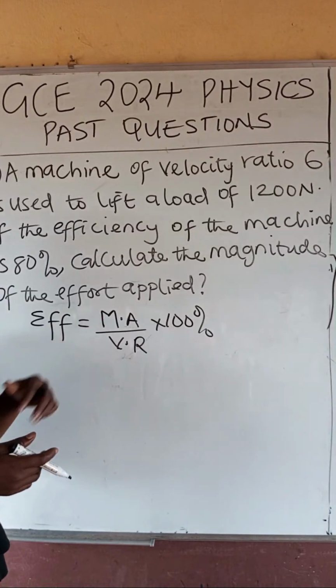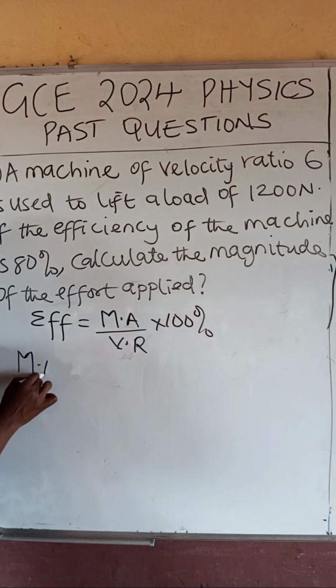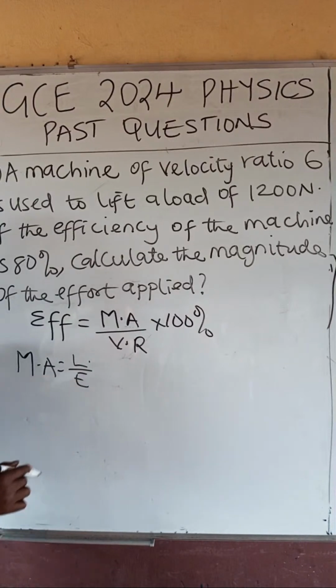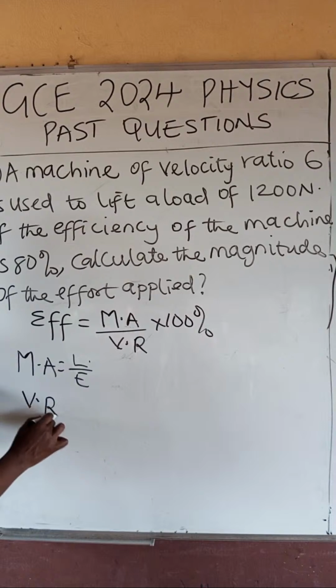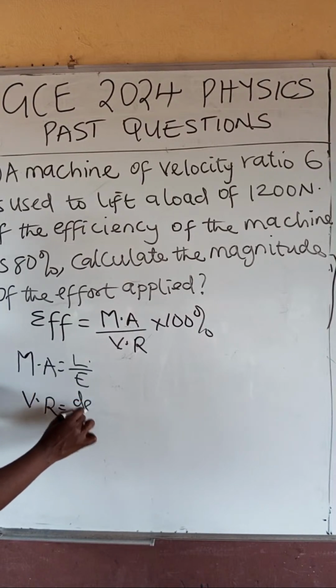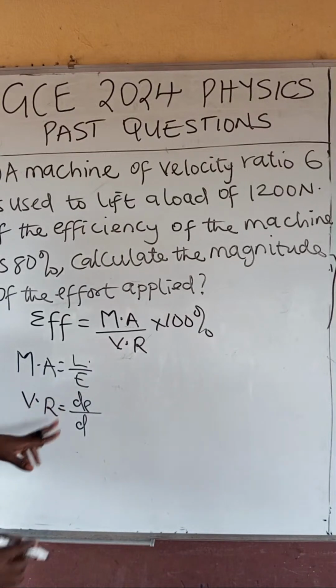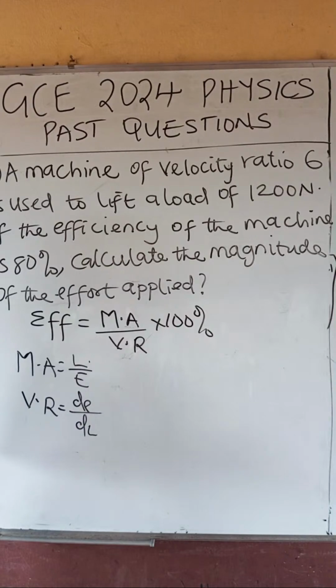Okay? Now, if you're asked what is mechanical advantage, mechanical advantage is load over effort, the ratio of the load to the effort, and velocity ratio is the ratio of the distance moved by effort to the distance moved by load in the same time interval.